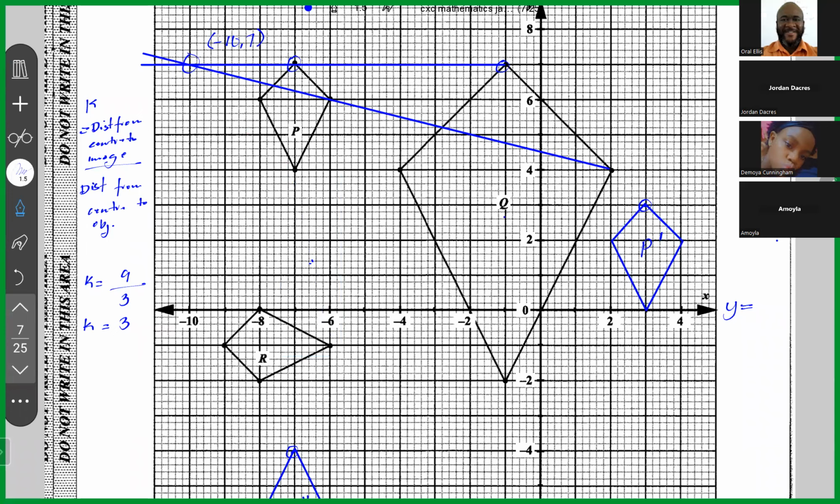But essentially, when you do the construction, the center of rotation is here. Now, here's how I would know from just looking at it. Moving from the center to the object, which is P, I go up 2 units and go across 3 units.